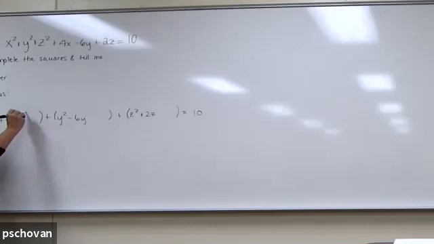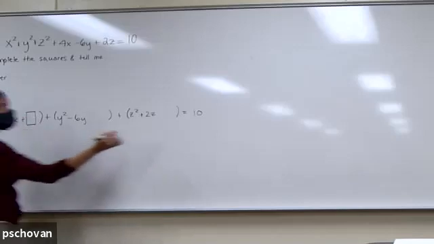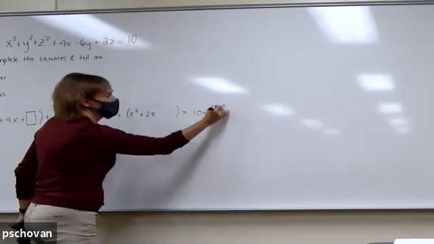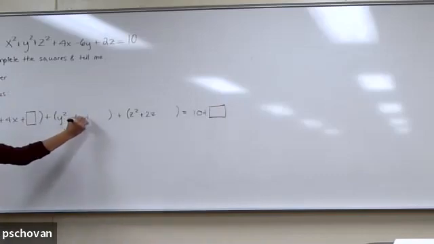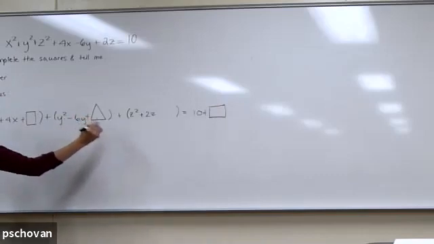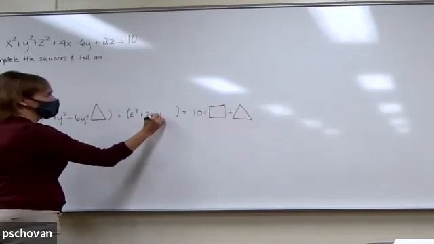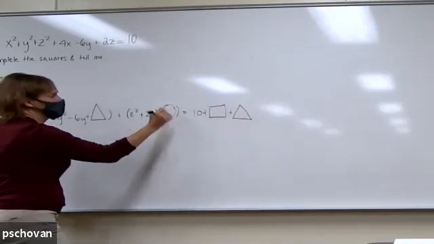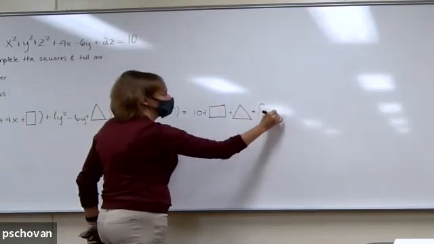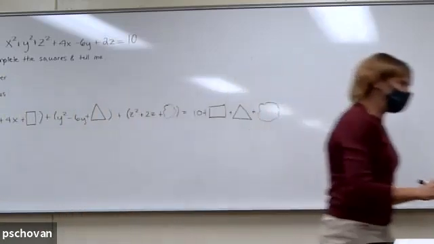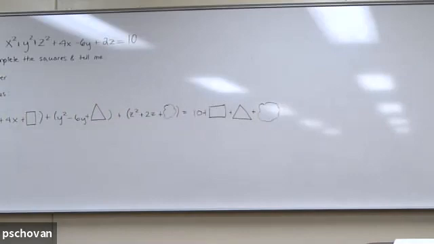So you can add a number here, but to balance the equation, you add it over here as well. You add a number here, add it to the other side as well. And then add a number here, and then add it here. You're looking for the number that makes those binomials factor as perfect squares.